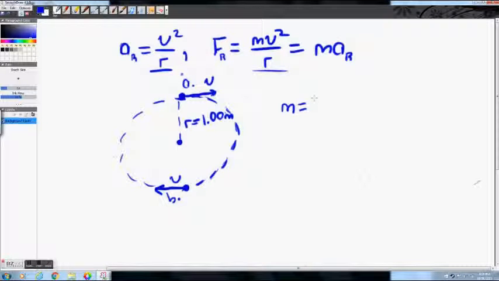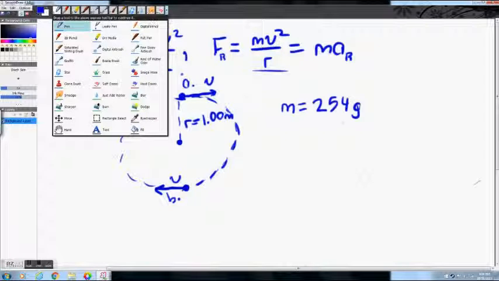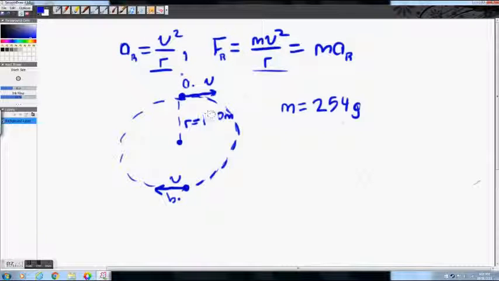So we have a mass of 254 grams, revolved in a horizontal circle of radius 3.20 meters.